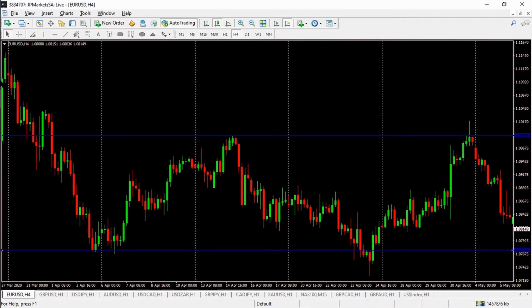As you can see, it was a fall and a pullback. Then it fell but couldn't break this level and just changed the trend and went back up.